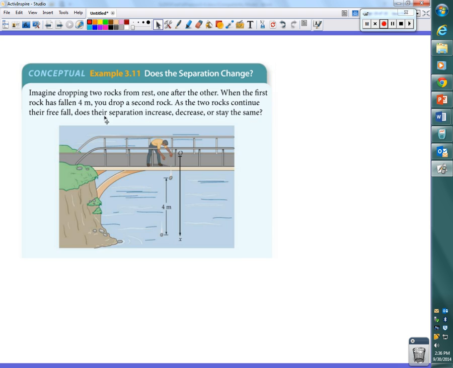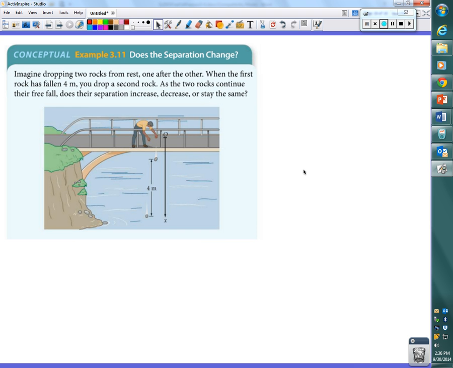Conceptual example 3.11 says, imagine dropping two rocks from rest, one after the other. When the first rock has fallen 4 meters, you drop a second rock.